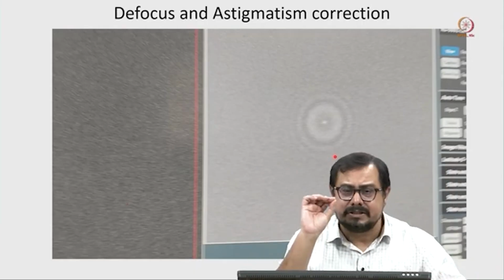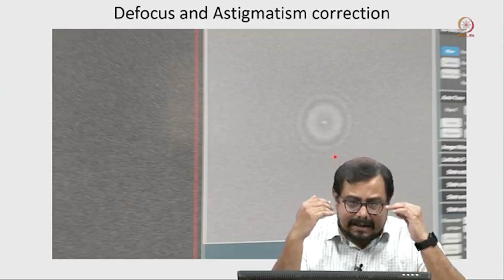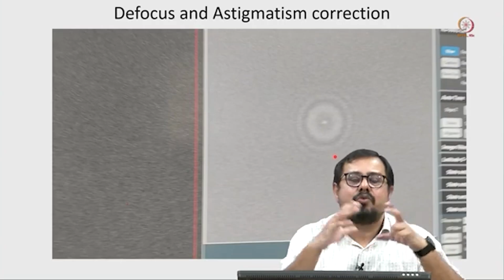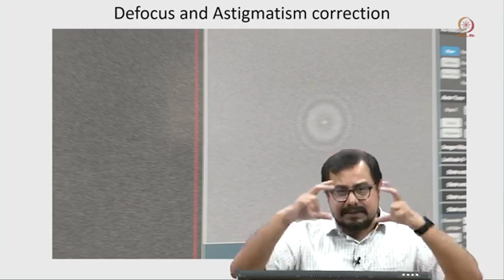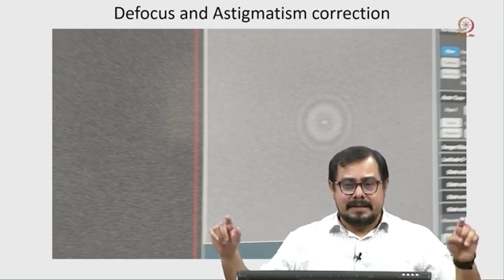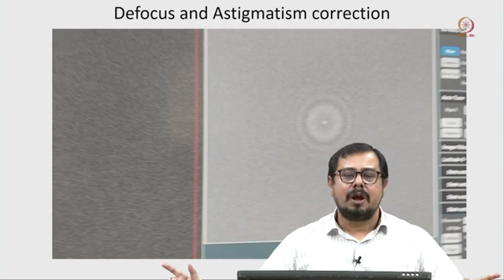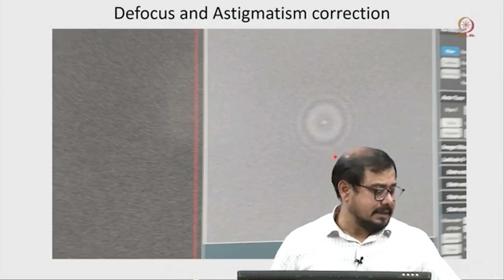If your eye is not very trained, it will be difficult to see the astigmatism. That is the reason one suggestion is to go to low defocus where you can see this elliptical beam, and then if you can see the elliptical beam, the multifunction X and Y are near the control panel. You have to use the multifunction X and Y very gently to correct the astigmatism.